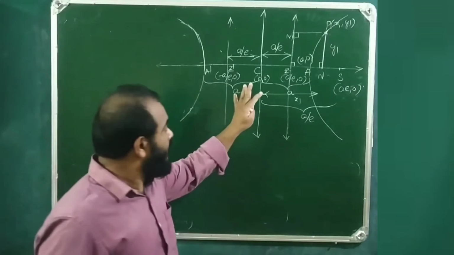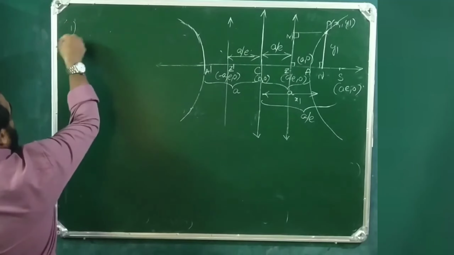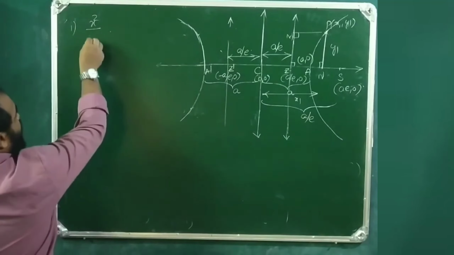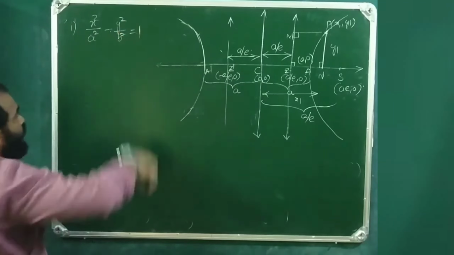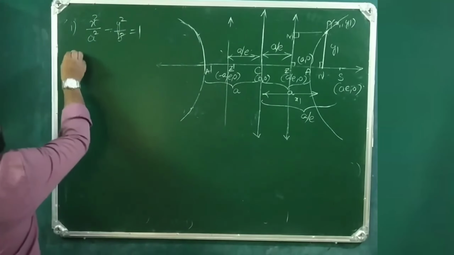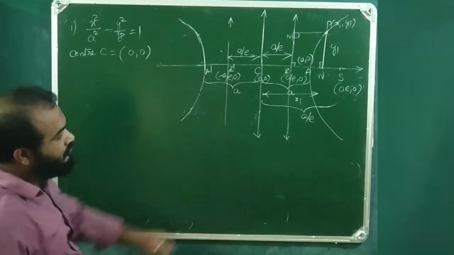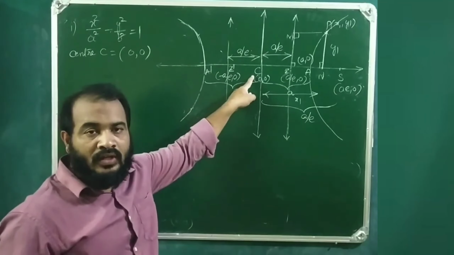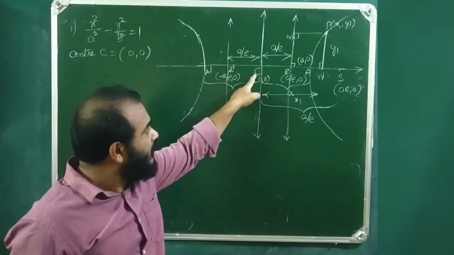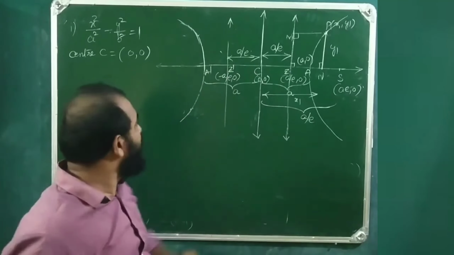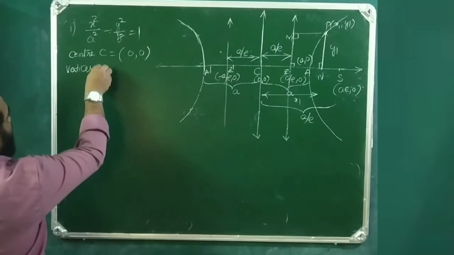Now, what are the points that we have noticed here is, the equation of this hyperbola is x square by a square minus y square by b square equals to 1. Its center C is equal to 0, 0. So therefore, the hyperbola is said to be in its standard form if and only if the center is at the origin. So vertices A, A dash.